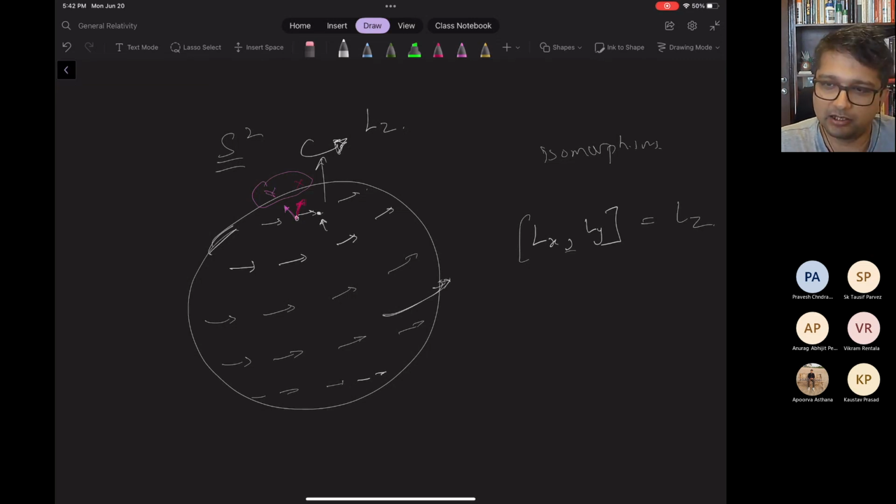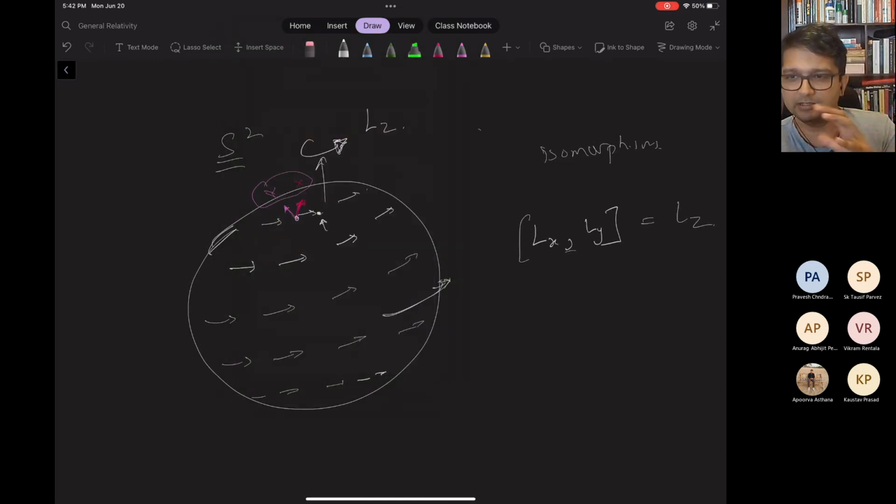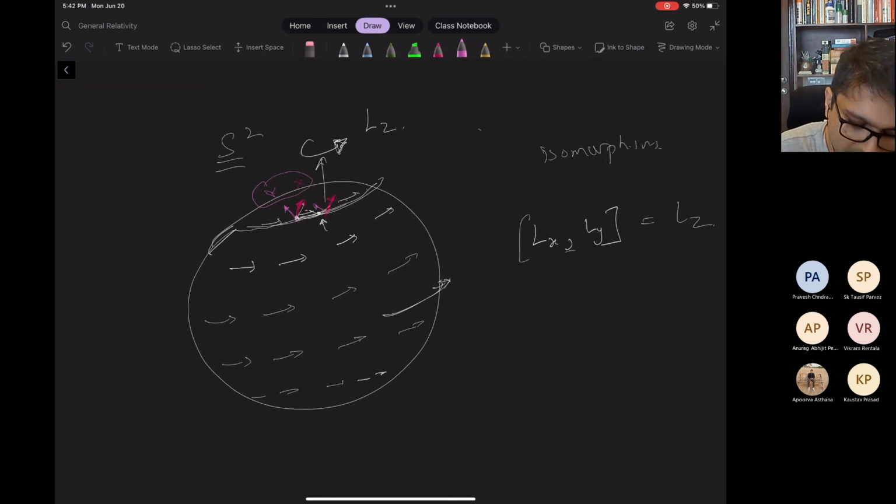The pull forward can be visualized by thinking about physically rotating this in 3 dimensions. So I would imagine that I drag this along the integral curve, which is something that goes along the flow. I drag this red vector along and I drag the purple vector along. I imagine that I physically have these arrows on a tangent plane and I rotate the entire tangent plane with the sphere.